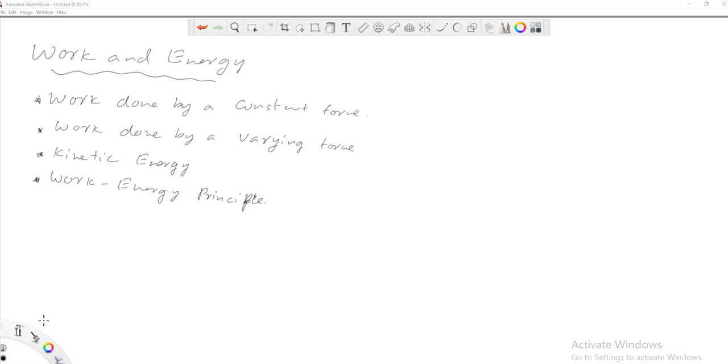Let's start with talking about work. The physical quantity work. Now work is a very common term, a very common quantity in physics. We use the letter W, capital letter W, for work, and the standard unit for work is joules.